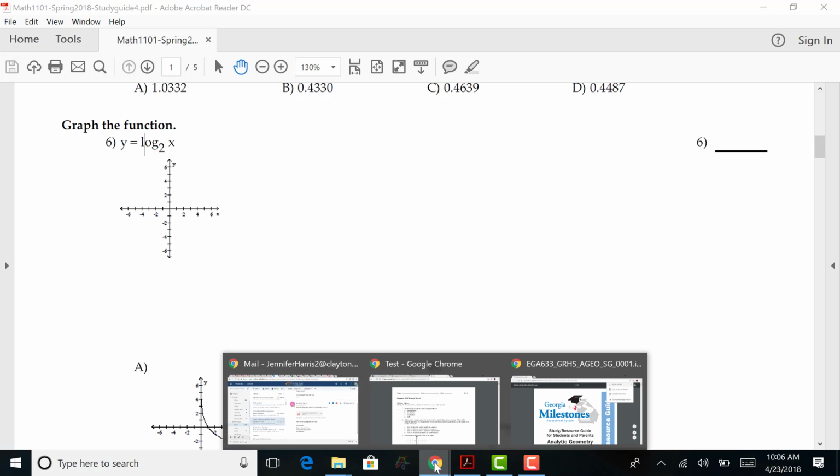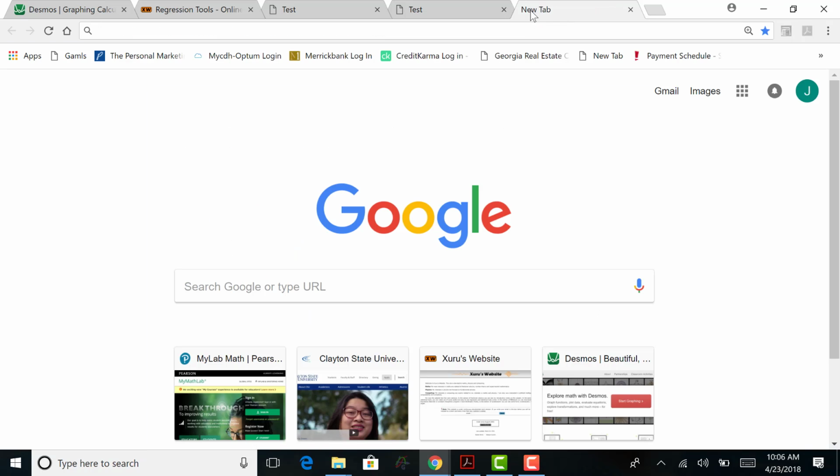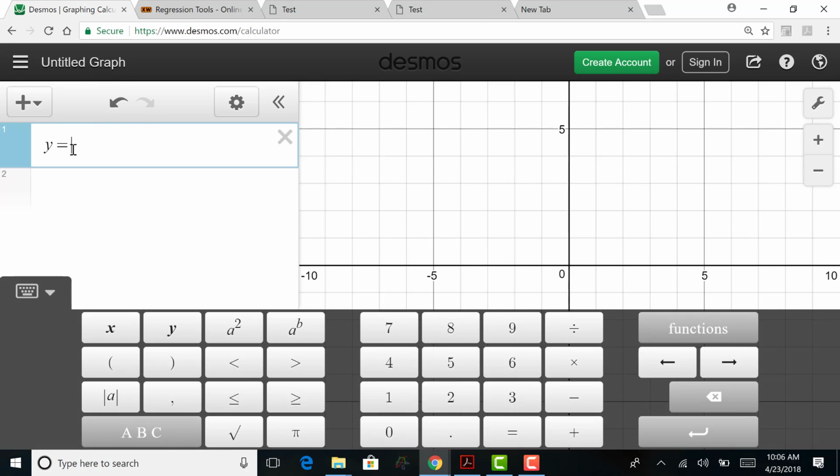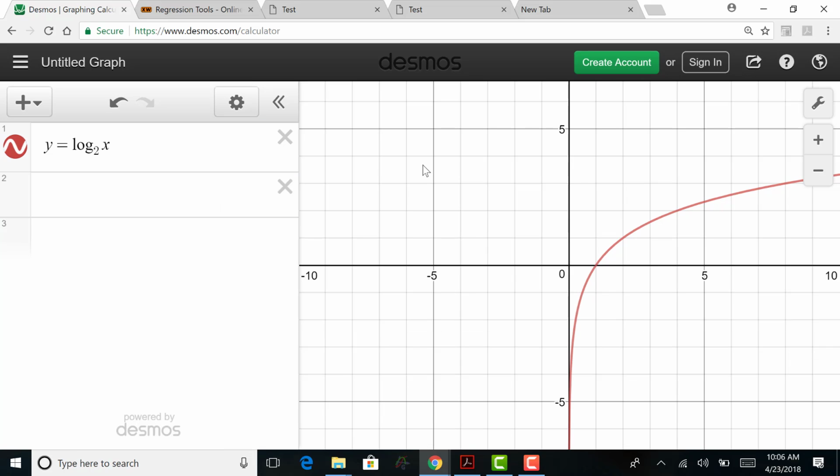Y equals log base, say, let's see. You put it in Desmos. Is it just log? Yeah. Because we didn't have a line going through it. All right, that's the curve I got.